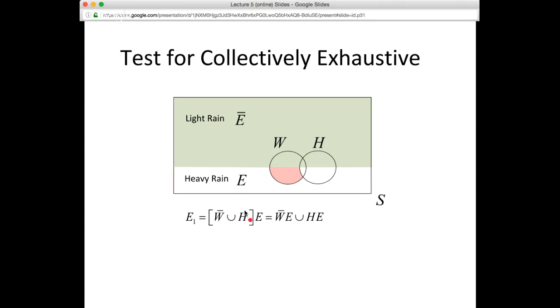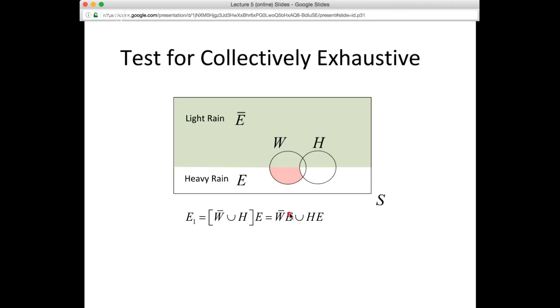If we look at event 1, we can bring E inside the parentheses. So we get the union of W complement intersect E, union with H intersect E. Let's consider each of those independently. W complement, what is that? Basically, it's everything outside of the W circle, the entire sample space outside of that W circle.